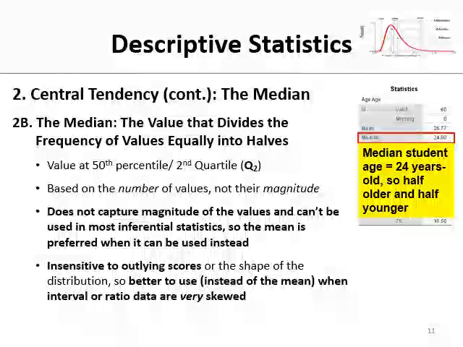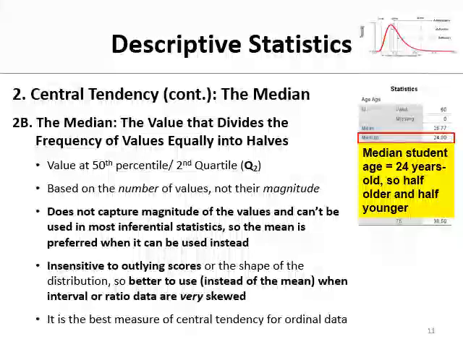So even in skewed distributions, you can use the median instead of the mean. When you have interval or ratio data that are very skewed, again, like housing prices or salaries, they'll typically use the median instead of the mean because the mean gets pulled towards the tail. The median is right in the middle regardless of the shape of the distribution.